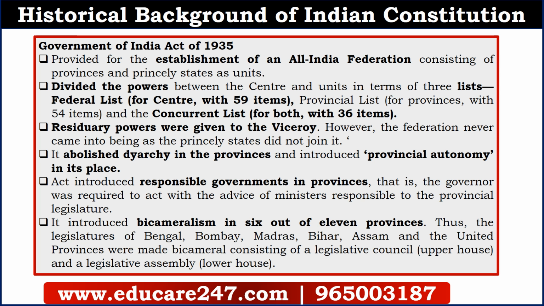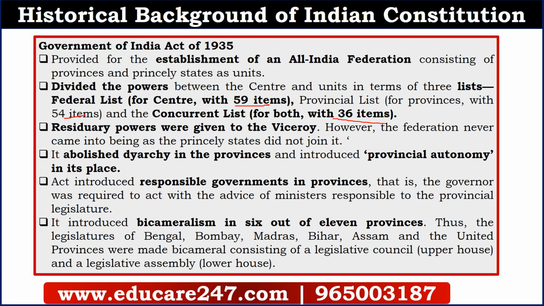First was the federal list. It was for the center and 39 items were included in this list. Second was the provincial list. It has 54 items, and the third was the concurrent list. It has 36 items.